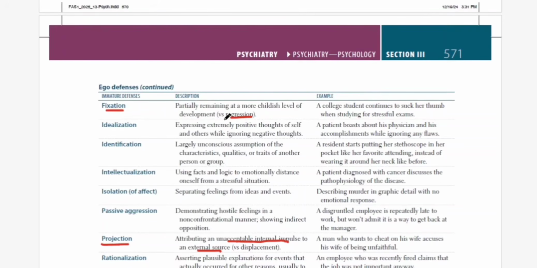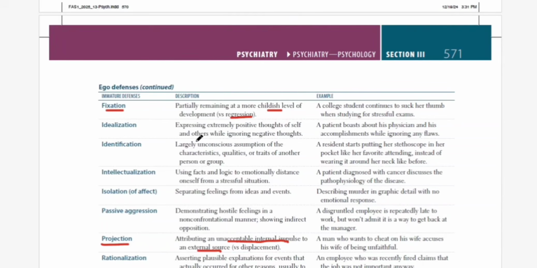So in fixation, you are stuck at your childish behavior, your childish level of development. You are partially remaining at a more childlike developmental level, and usually it is persistent. It is less likely to be triggered by stress, because the other one is also triggered by stress.